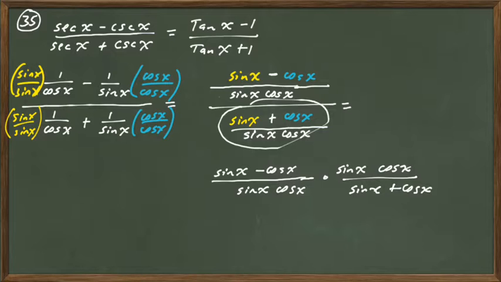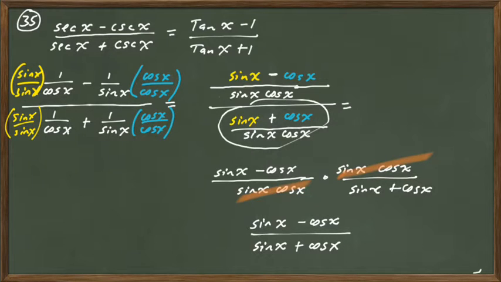And let's see. Well, you can't cross multiply unless you have two fractions equal to each other. You could cross cancel. We can cross cancel like this. This makes sine of x minus cosine of x divided by sine of x plus cosine of x.